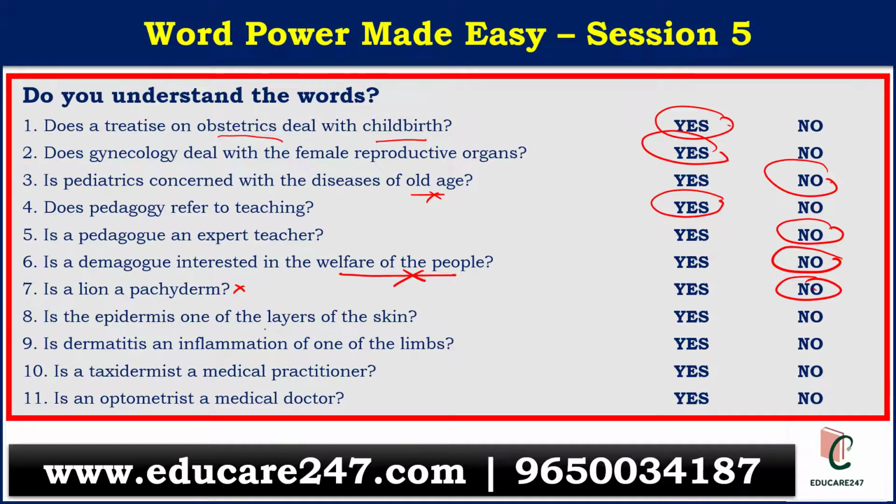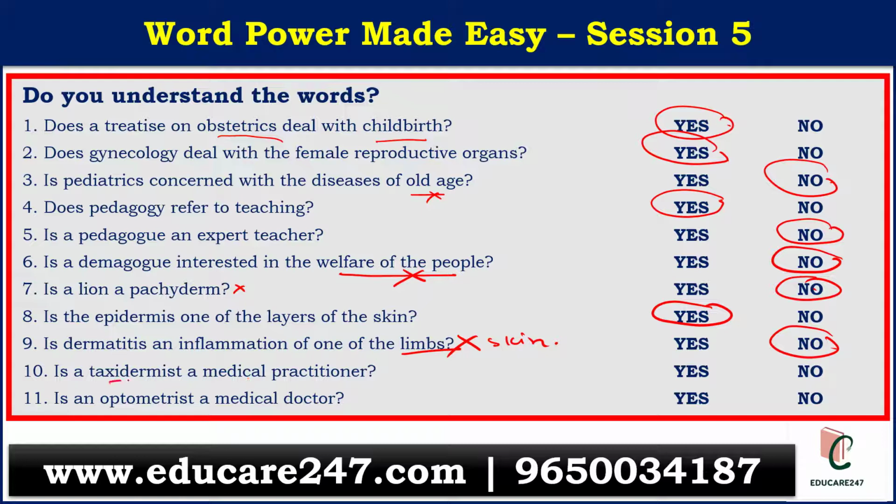Next, is epidermis one of the layers of skin? Yes, it is the outer layer of the skin. Is dermatitis an inflammation of one of the limbs? So limbs, it's actually relating to skin. So no. Is a taxidermist a medical practitioner?